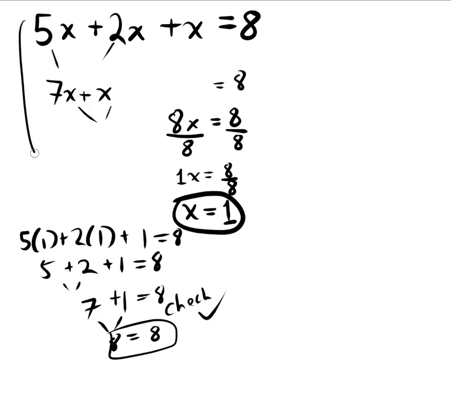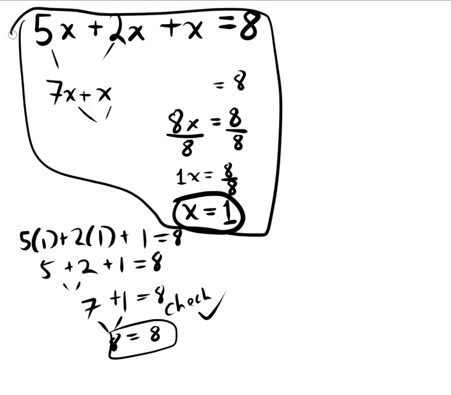But this is the actual work that I'm interested in, because this is the one that actually isolated that variable for me and told me what x is. This is just a check step, so I feel really good about my answer. And hopefully that worked for you.